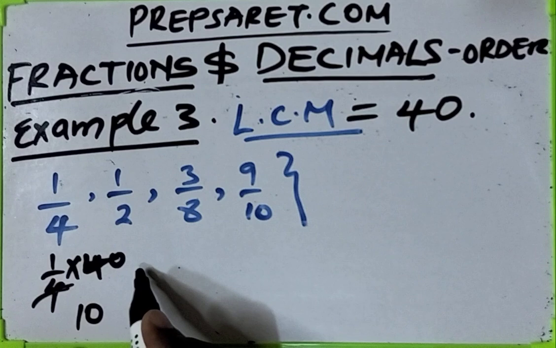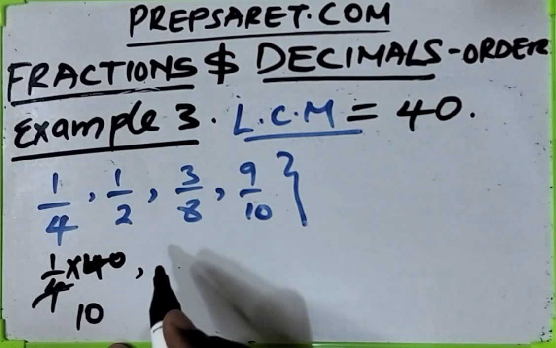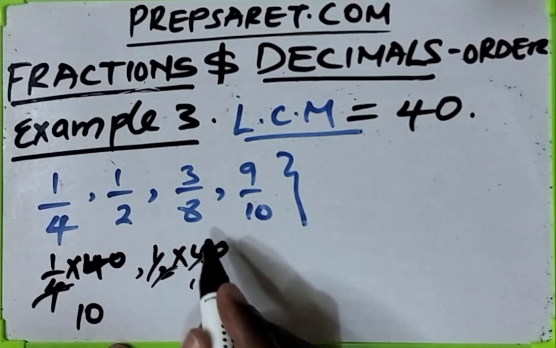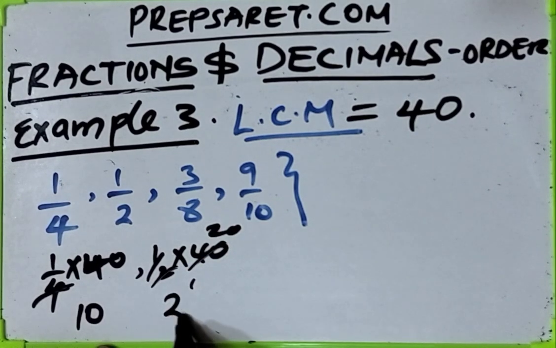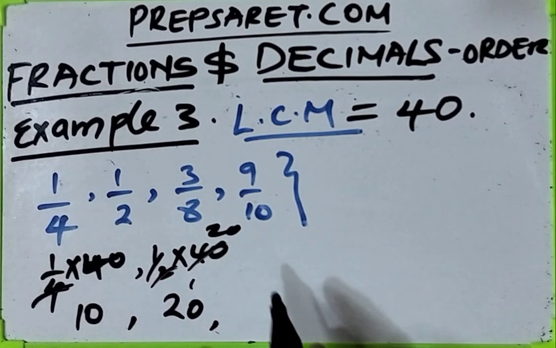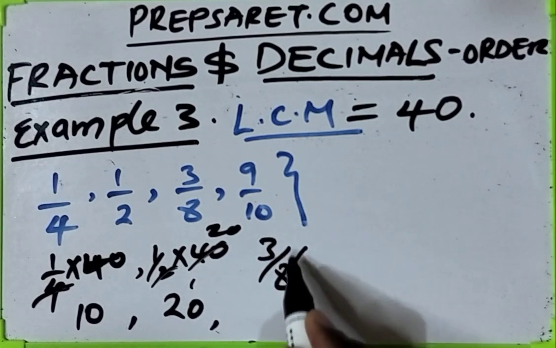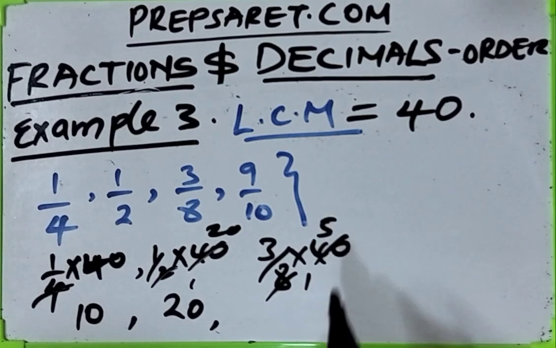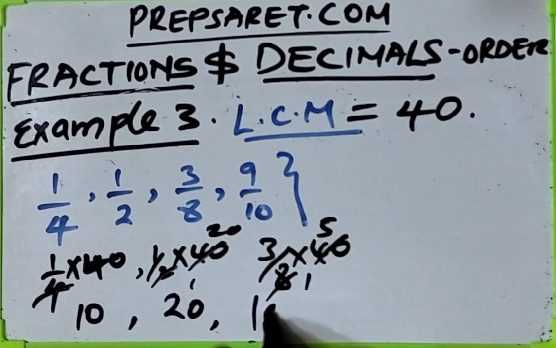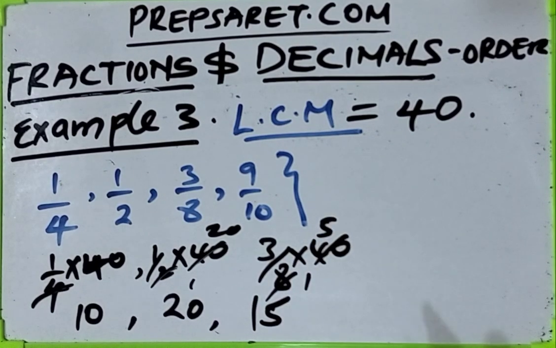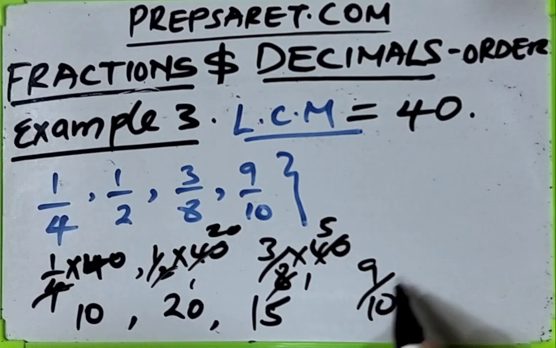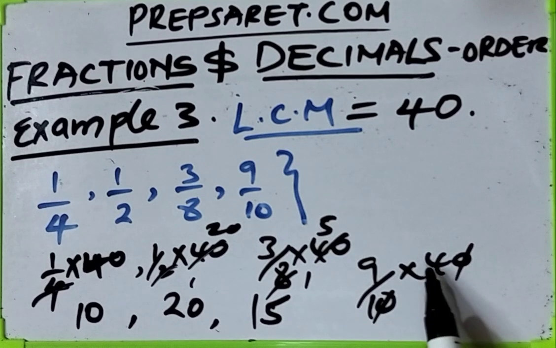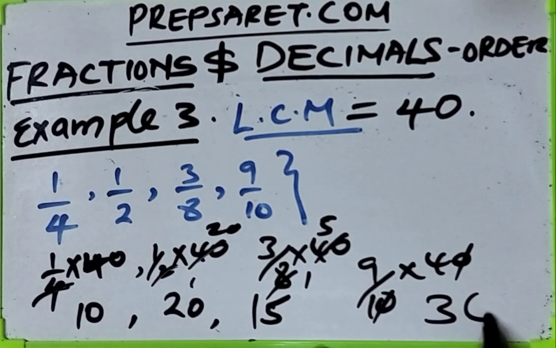We move to the next one. 1 over 2 times 40, 40 divided by 2 is 20. We go to 3 over 8 times 40, 40 divided by 8 is 5, so 5 times 3 is 15. And finally, 9 over 10 times 40. 0 cancels with 0. 4 times 9 is 36.